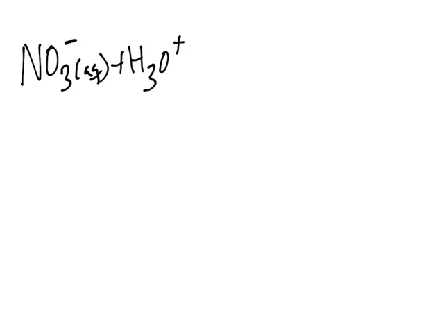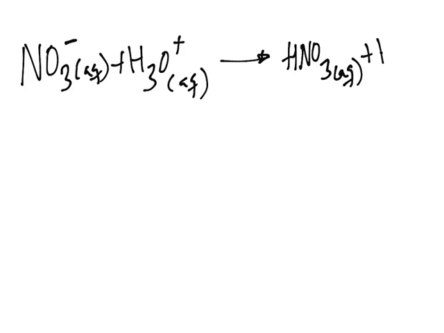So we'll basically say that NO3 minus, aqueous, plus the hydronium ion, in this case it is not formed because it is a reactant, will form HNO3 and water. We said that this is our acid and this is our base in the previous reaction.